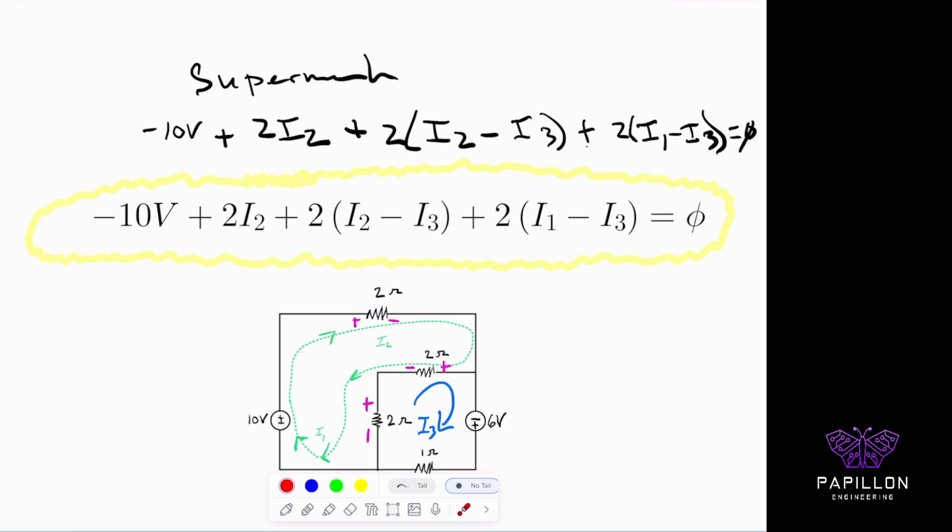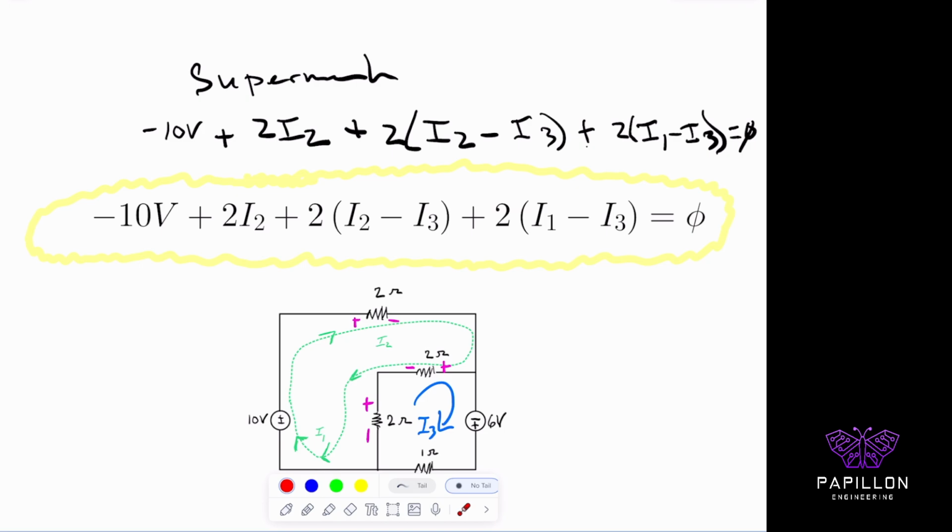Now I continue along this path, and I'm over here. I'm entering this other 2 ohm resistor, so I'm entering a positive. Now I'm in the I1 zone, so I1 is countering the I3 direction, so I1 minus I3, all of it equals 0. So there's my supermesh equation. Again, see how I did that.